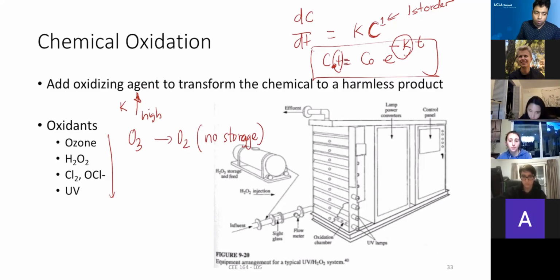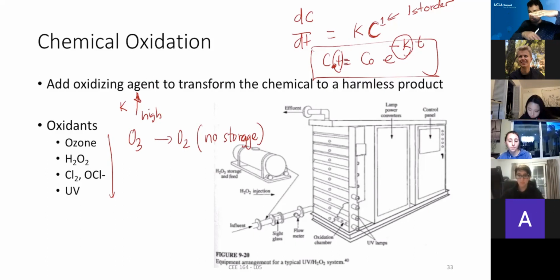Then why are people not using it? Well, the reason is UV lights are sensitive to the depth of water. Like any light, it doesn't penetrate below a certain depth of water, because there will be particulates and other stuff that react with UV light at the surface. So think of a tank of water. If you shine light at the surface, most of the reaction will take place where the light is.